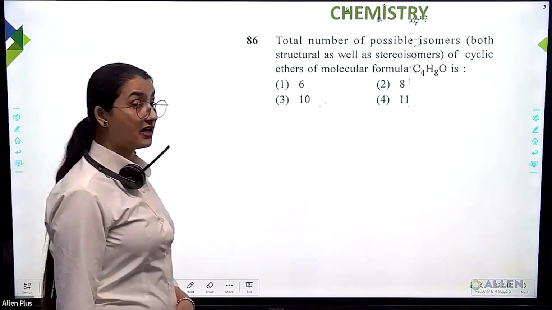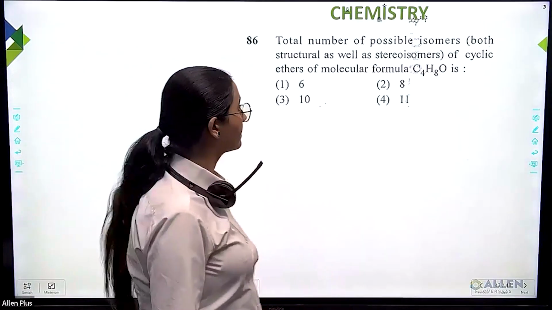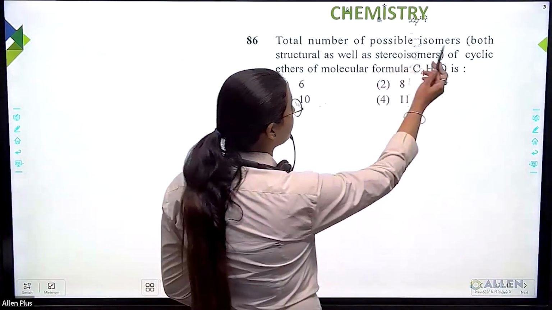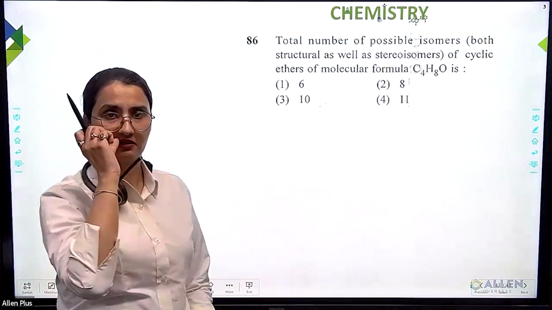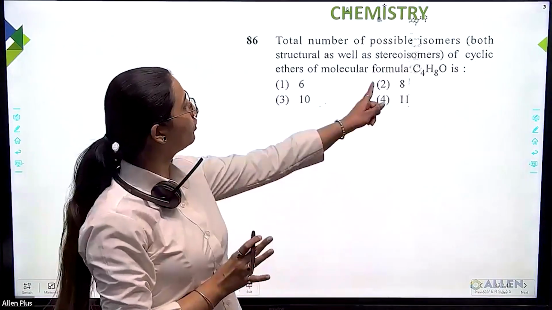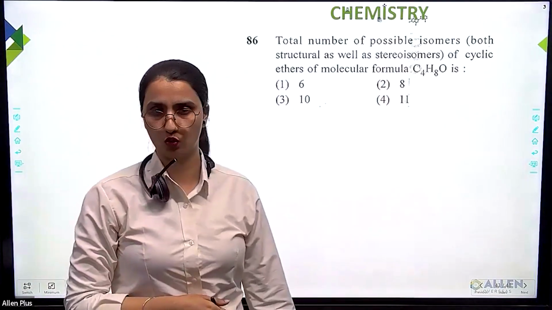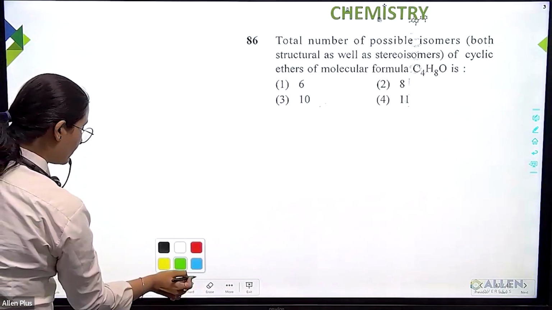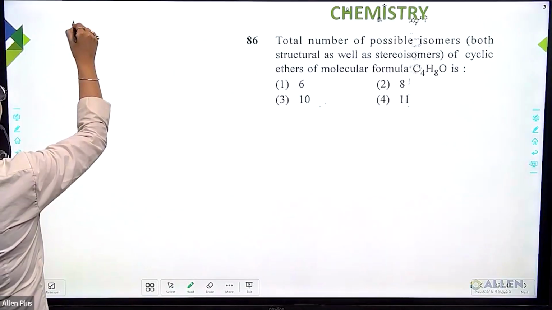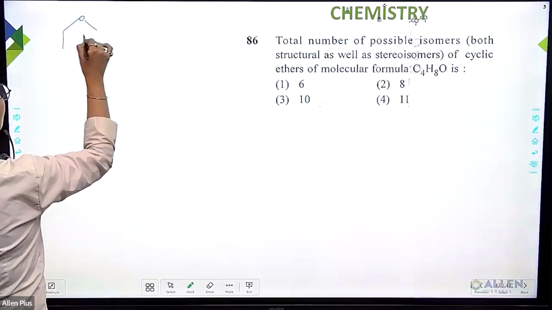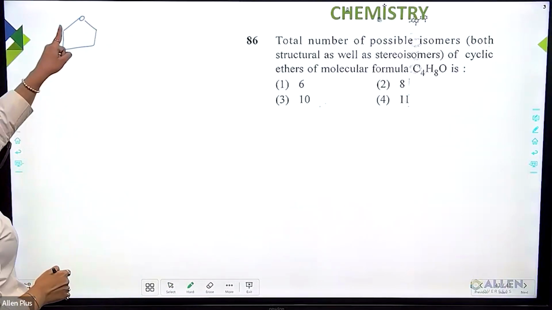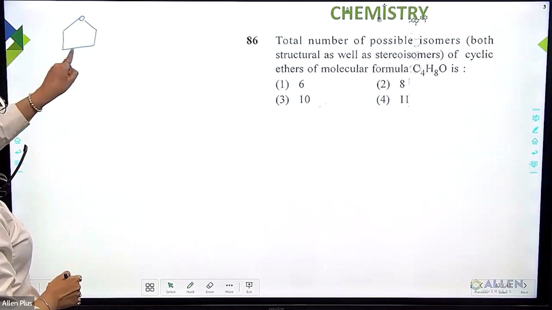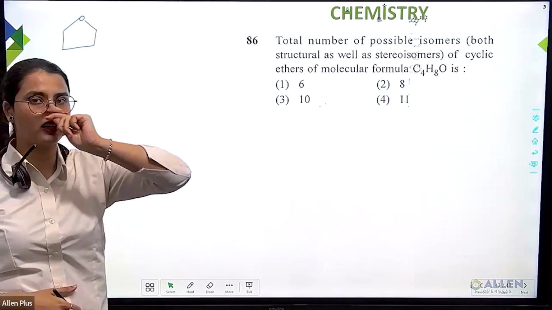Okay, so this is again from stereoisomers. Let's see. They have asked for possible isomers of cyclic ether. We have to make cyclic ether only. The formula is C4H8O. Okay, let's start. First ether possible is, students, see. If I make a 5-membered ring with O, does it adhere to the formula? C4, H 1, 2, 3, 4, 5, 6, 7, 8. Yes, H also 8.